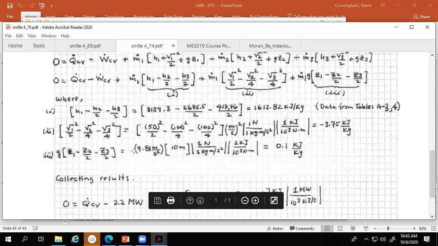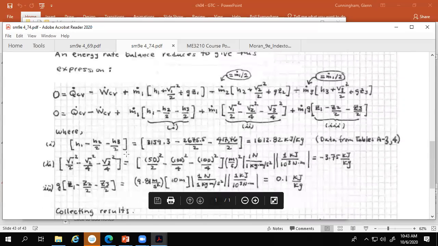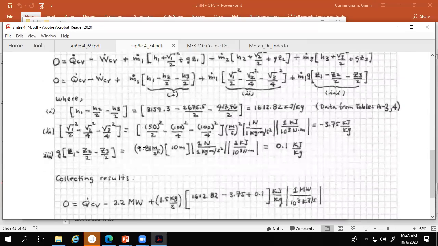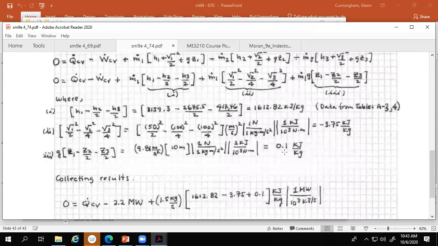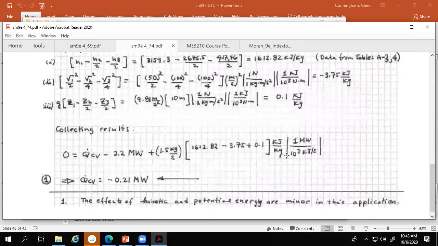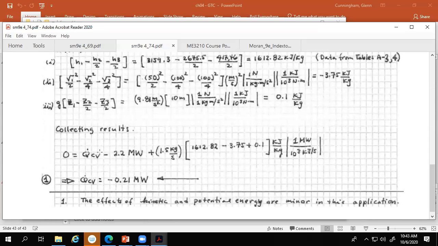And then on the potential energy, he's got a 10 meter height, from here to here. So that's just g times z with conversions, and that gets you to 0.1 kilojoules per kilogram. So, collecting all of the terms, this is just the heat transfer term that we're going to solve for.